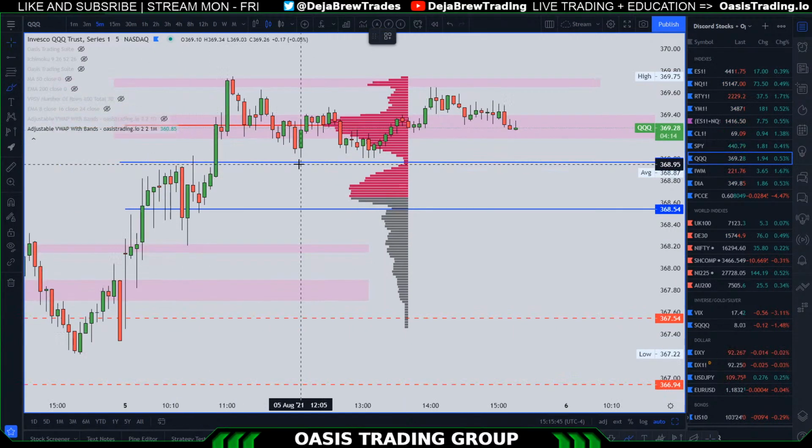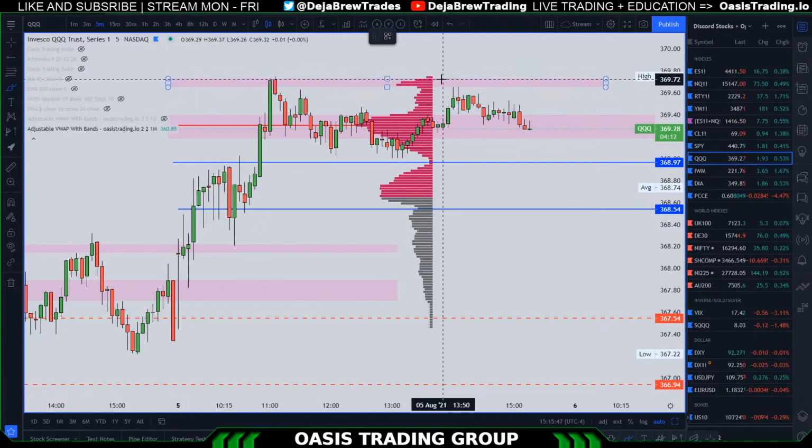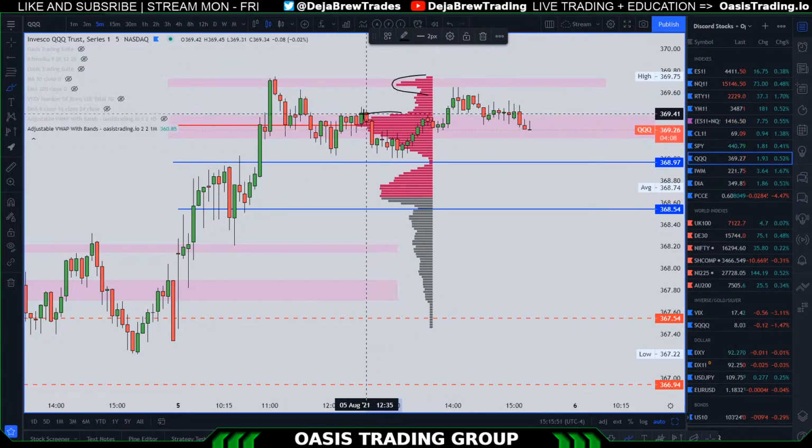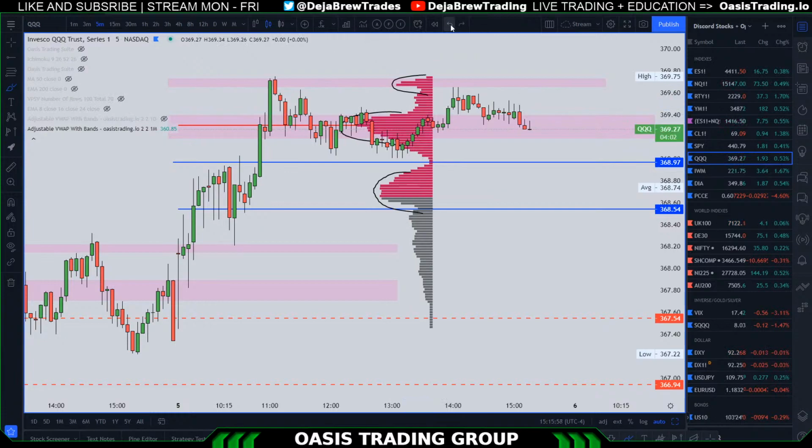So this is making kind of a weird shaped day. It's almost a B shape, but you have like 3 primary nodes. You have a primary node there, one there, and then one there, with 2 inefficiencies. So what happens during days like this is price normally gets trapped between these gaps, which it's kind of doing right now.